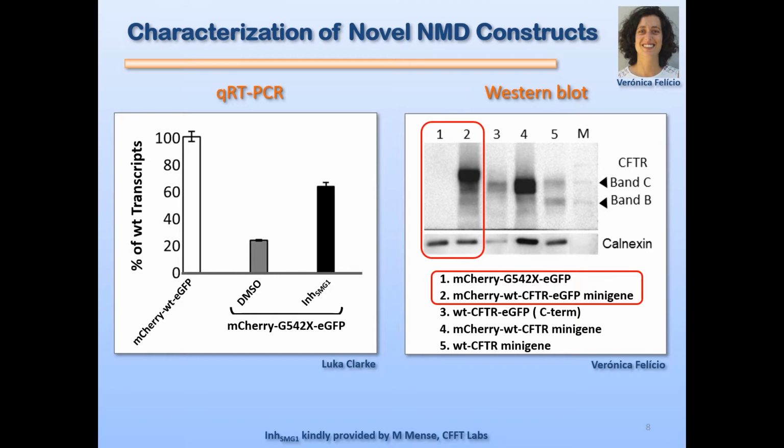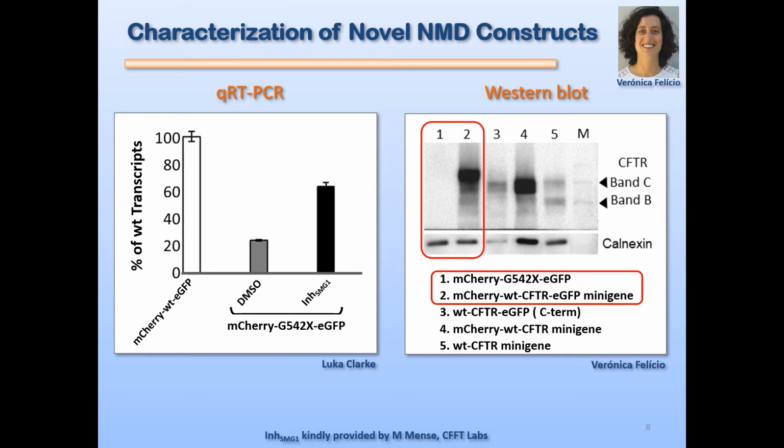And in contrast to the protein resulting from the wild-type construct, which actually has both forms, the processed form, which we call band C, the upper band, and also some of the immature form, the band B in the lower band.